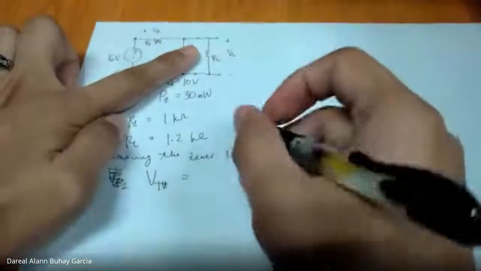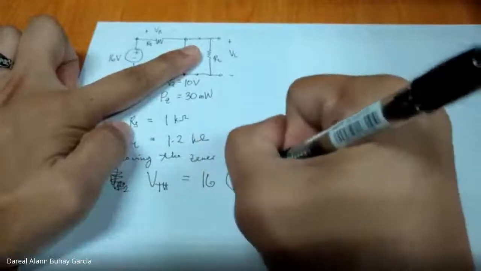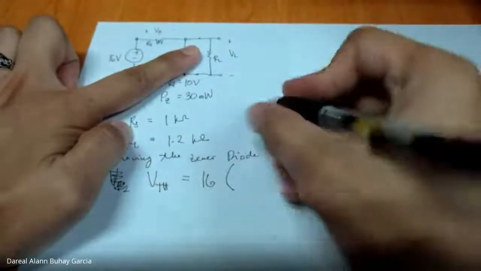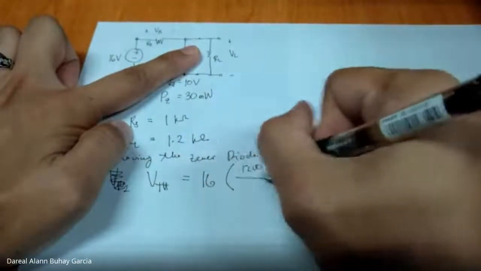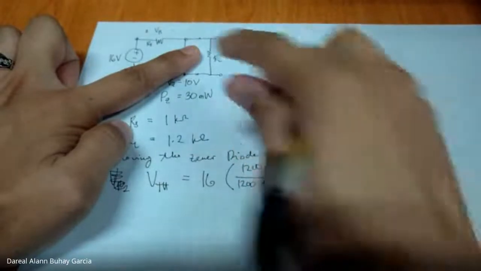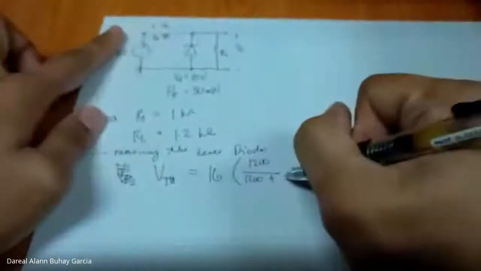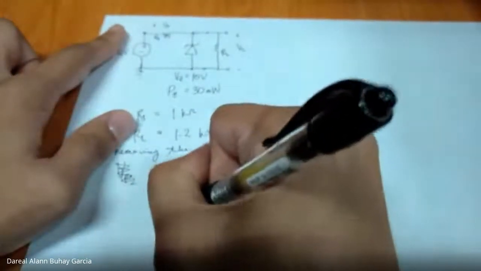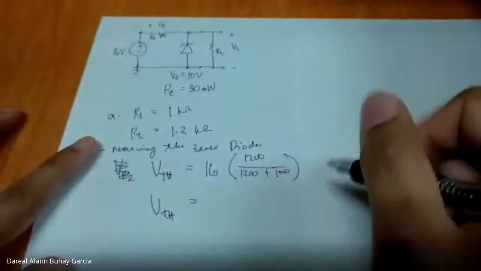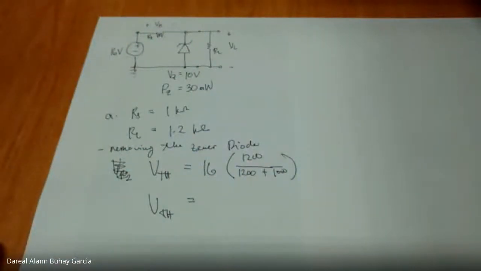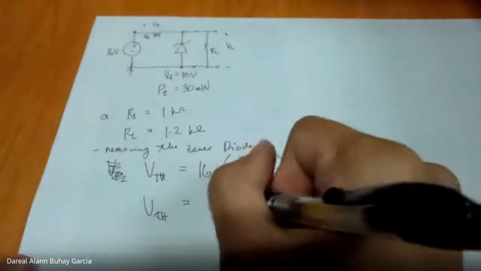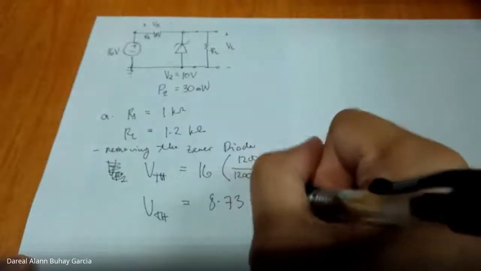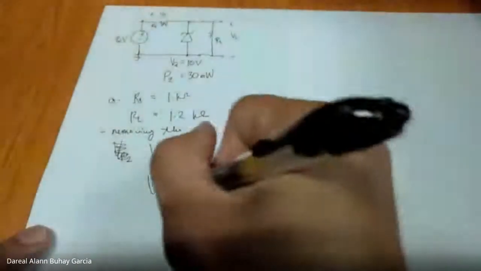Voltage divider lang. So 16 times 1,200 over 1,200 plus 1K. So how much is VTH? 8.73 volts. Okay?